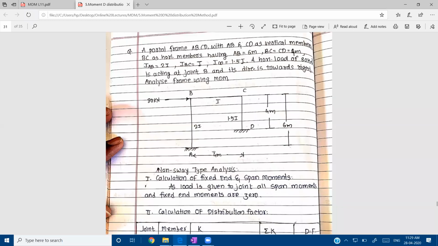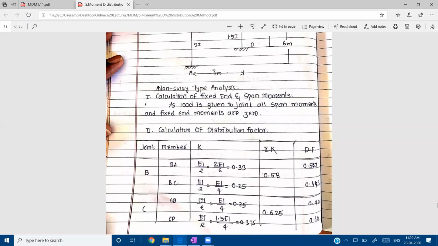This point B horizontal load of 80 kN is acting, which is not a span load. This is a point load. Remember, on span AB, span BC, and span CD, no load is acting. Therefore, the fixed end moments and span moments are all going to be zero for AB, BC, and CD.